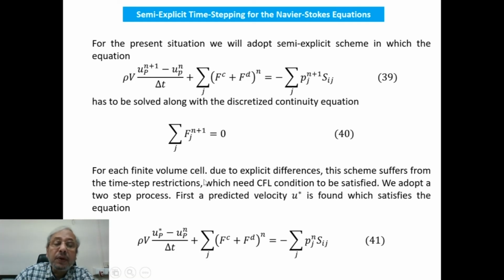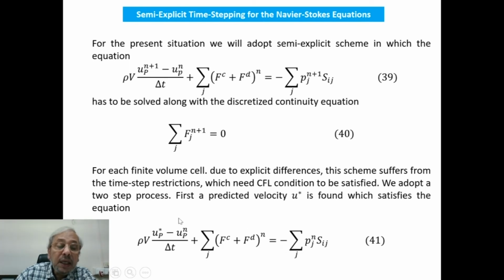At each finite volume cell, due to explicit differences, this scheme suffers, of course, from the time step restriction. We have to follow the CFL condition. Now, first, since all pressure at the nth level is available, and the convection-diffusion contribution at the nth level is available, we advance it explicitly through this equation.